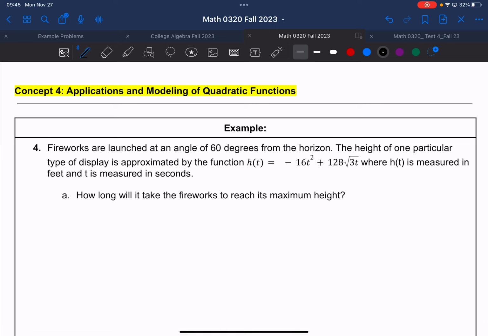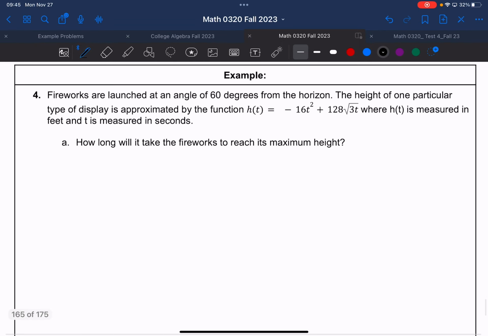Okay, this is the last concept, concept 4, where we're looking at applications. So looking at this example, we have that fireworks are launched at an angle of 60 degrees from the horizon.